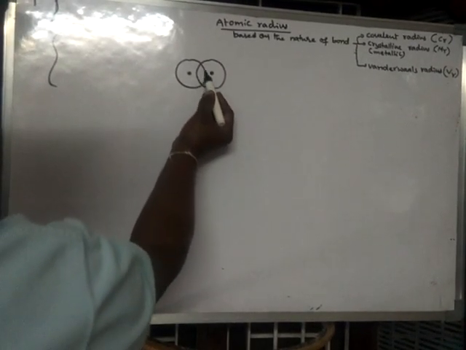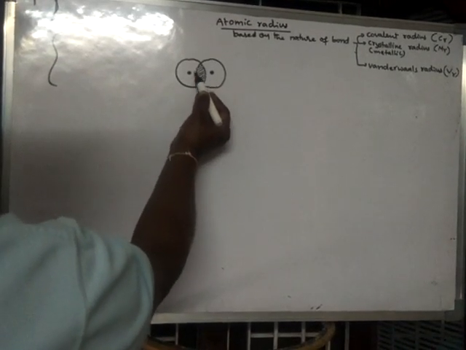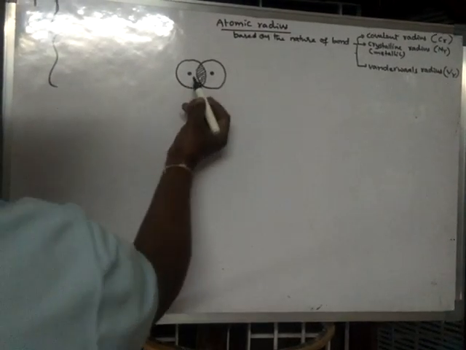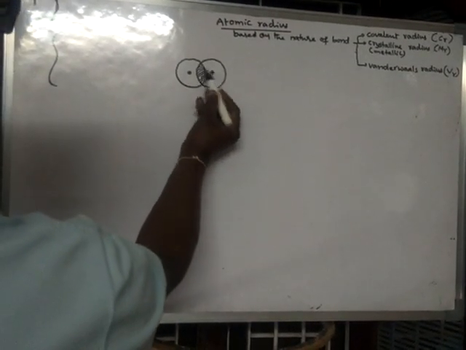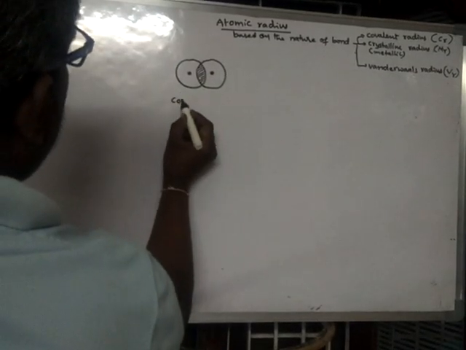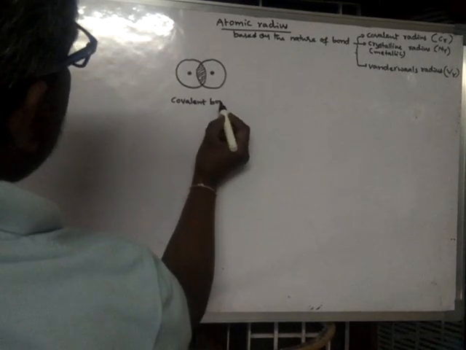That means the electron density present in this portion is shared by both atoms. Due to the sharing of electrons between the two atoms, the bond is formed. Hence the bond is called a covalent bond.